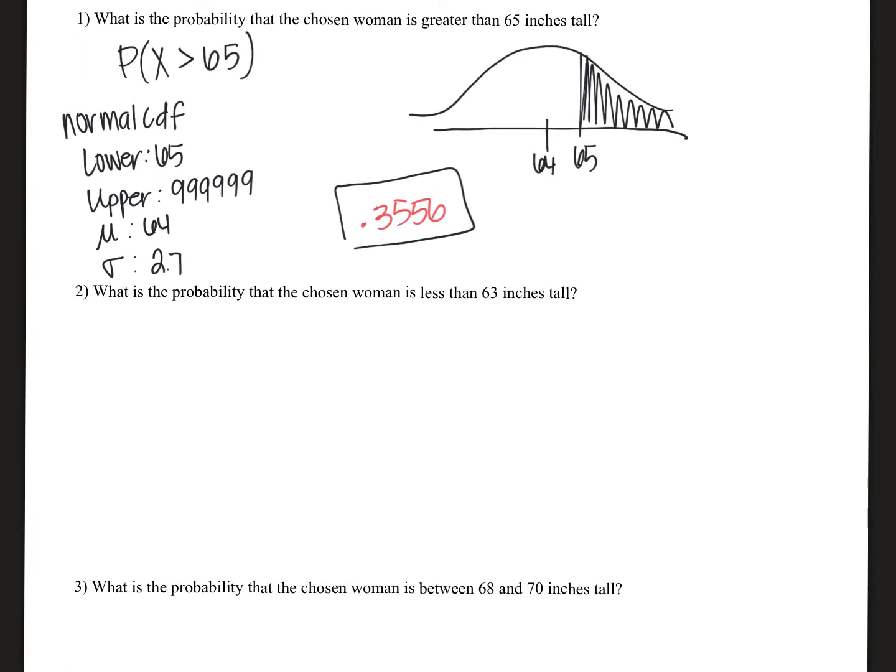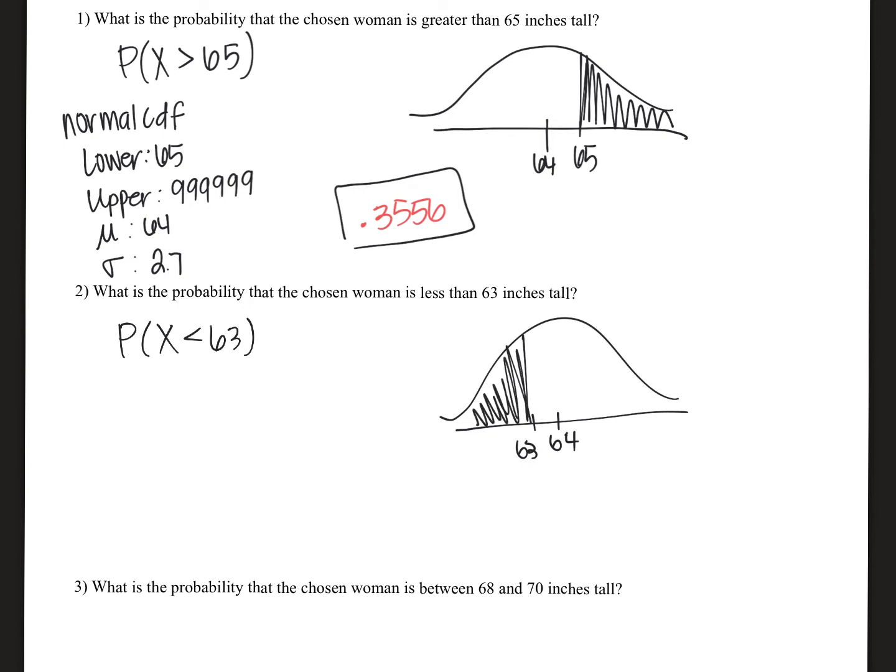So what if we want to know the probability that the chosen woman is less than 63 inches tall? So that's the probability x is less than 63. So drawing our curve, we have our mean of 64, and then 63, and we want to be below it. So again, we're going to do normal CDF. This time our lower bound is going to be -9s because we're doing less than.